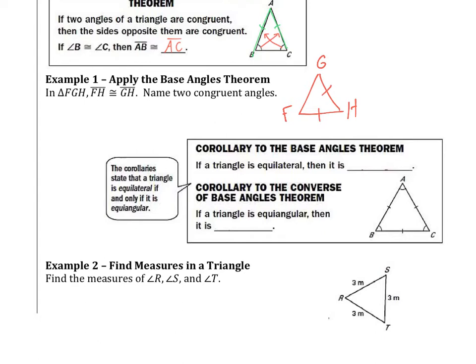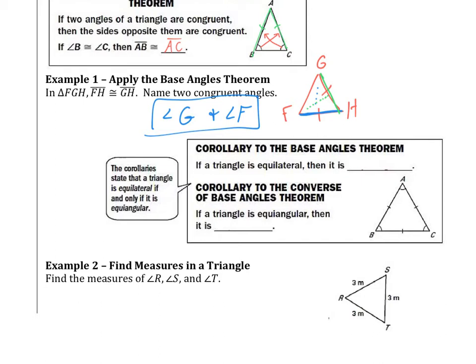Name two congruent angles. So what is opposite side FH? Angle G. And what is opposite side GH? Opposite GH is angle F. So angle G and angle F are going to be congruent because the two opposite sides are congruent, so those two angles must be congruent.